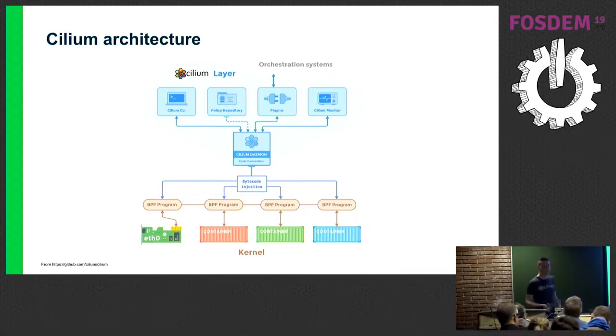Cilium implements the concept, watches the Kubernetes API, and then generates BPF programs based on the data. Kubernetes has its concept of network policies, but Cilium also extends it a bit and provides more features than pure network policies in Kubernetes, but I will tell about that a little bit later.